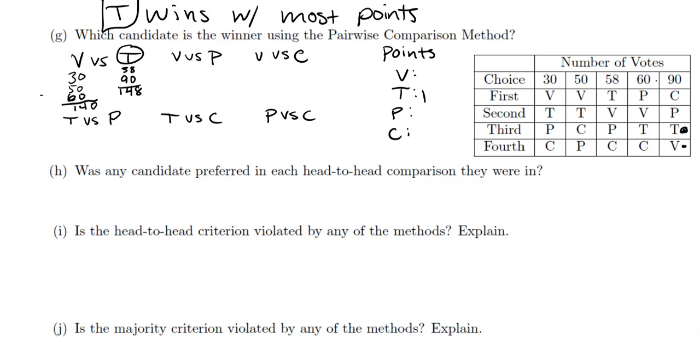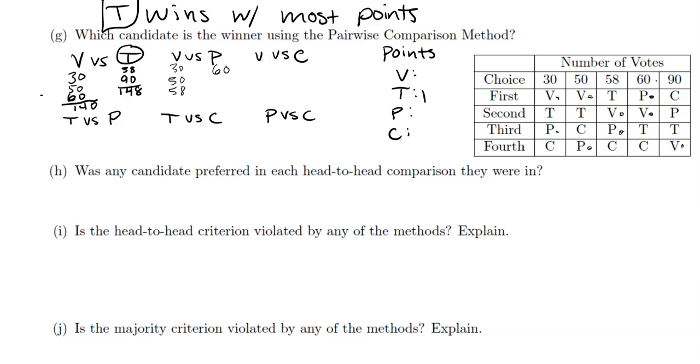So then we can do V versus P. So now we'll look at V and P. We see V's preferred in the first column, they get 30. And then V and P in the second, V is preferred, so V gets 50. And then V and P, V gets 58. And then P is preferred in the fourth column, so they get 60.